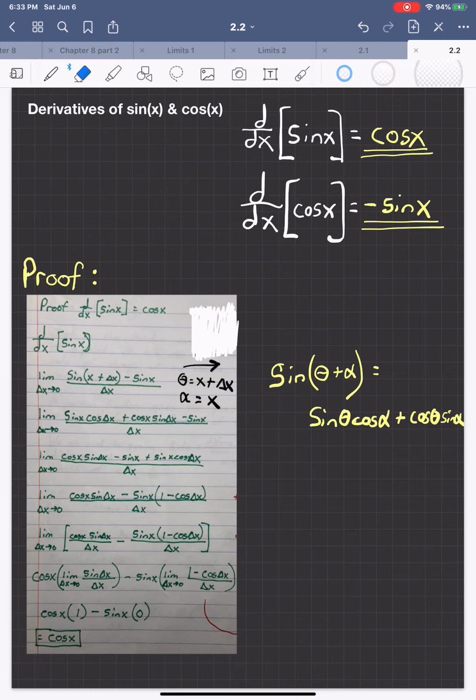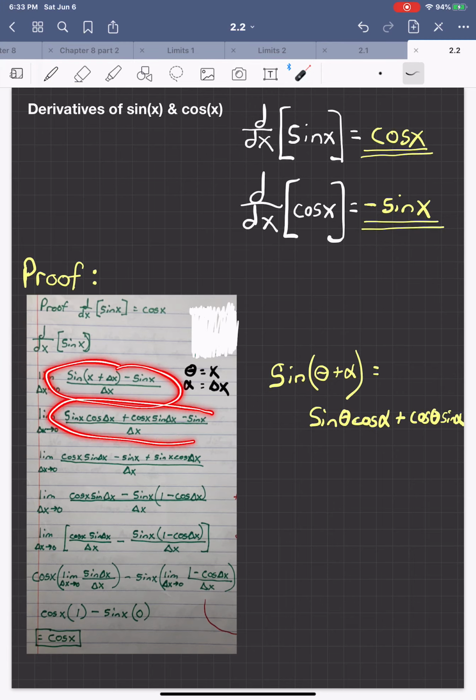Wait a minute, I don't think I did do that correctly. My apologies, that's what happens when I start daydreaming for a second. Let me say that one more time. In this case, your theta would be your x, and your alpha would be your delta x. That's what I should have said. Okay, so moving on, how did we get from this step to this step? I'm just using this particular trig identity. But now that we're here, let's just finish it.